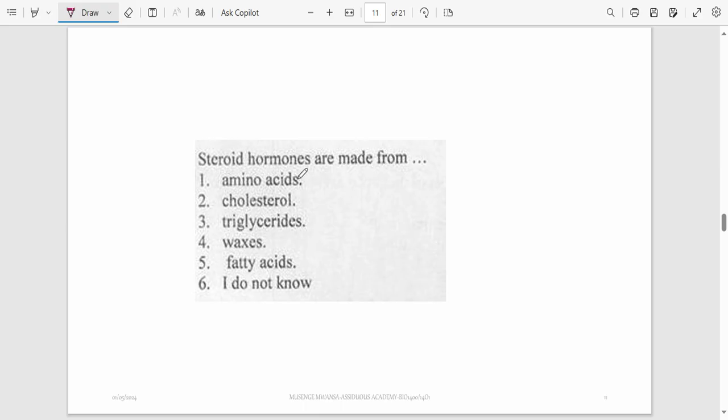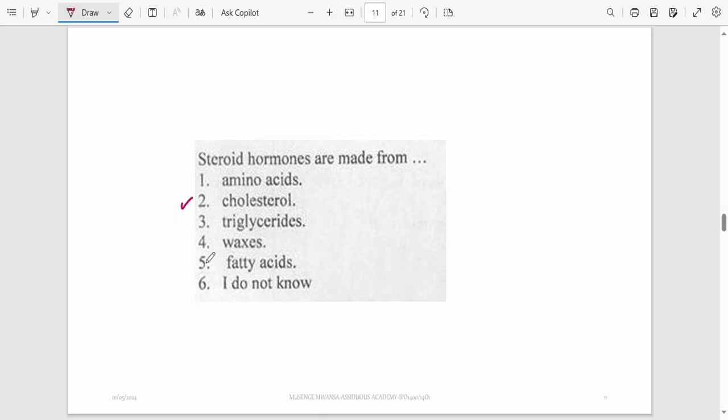Steroid hormones are made from amino acids, cholesterol, triglycerides, waxes, fatty acids. Which one would you pick? Cholesterol. Okay. Wilfred, your hand is up. You had the question? Yeah. Okay.